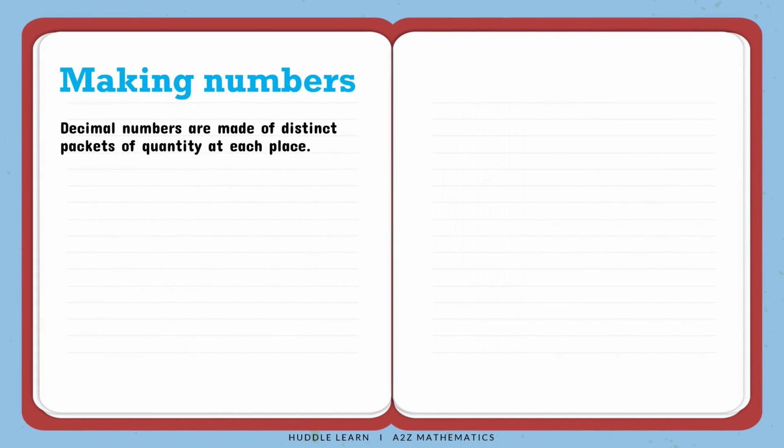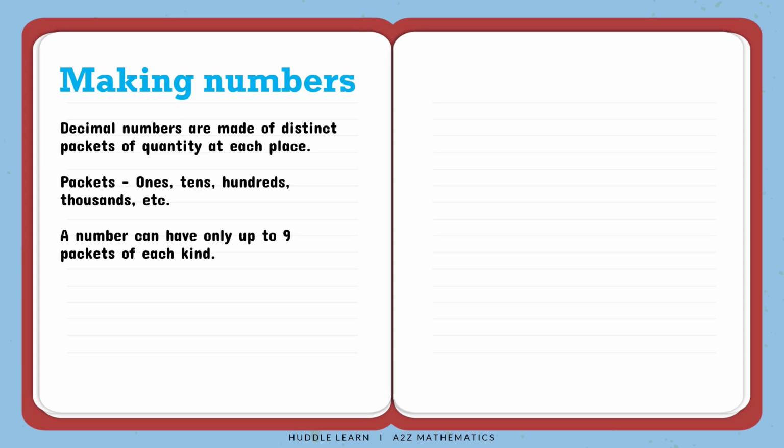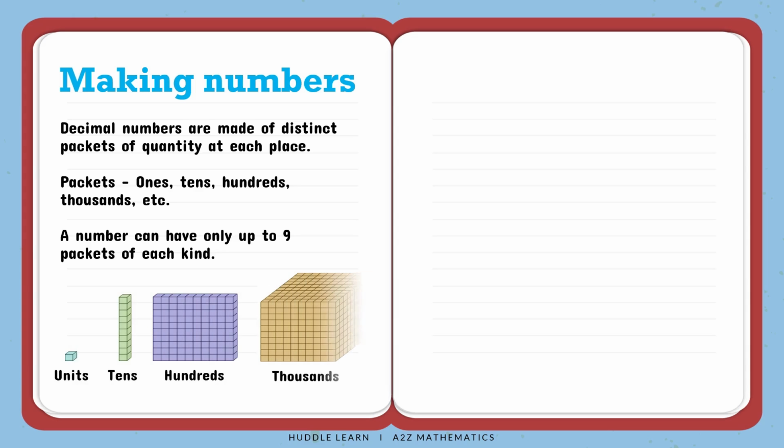The decimal numbers we employ are made of distinct kinds of packets of quantity: ones, tens, hundreds, thousands, and so on. And a number can have only up to 9 packets of each kind. Each position or place in a number is a unique sized packet determined by its place.